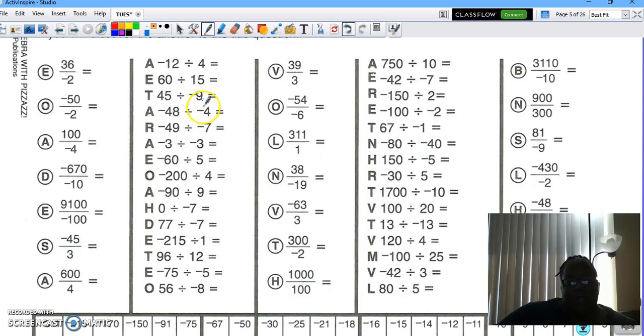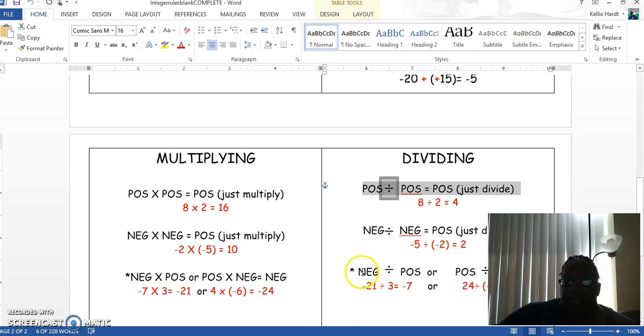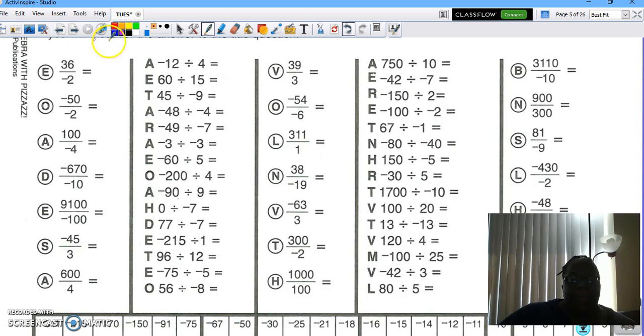Okay, and here we go. Now I have a negative divided by a negative. If you look at your rules, negative divided by negative is going to be a positive. Look at that. Negative divided by negative is a positive, just divide. Okay, here we go. So I know this answer is going to be positive, but how many times is 4 going into 28?